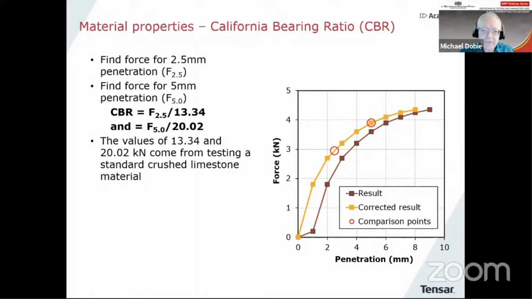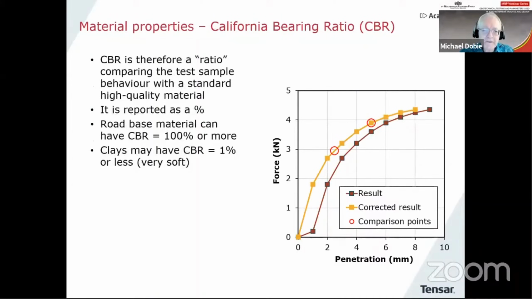And that ratio is therefore the CBR. So it's a ratio given as a percentage between the measured value and the standard value. So CBRs of 100% are perfectly possible. They would be very high quality road base materials, but all the way down to clays, where we can quite happily have CBRs of 1%, which would be very soft.